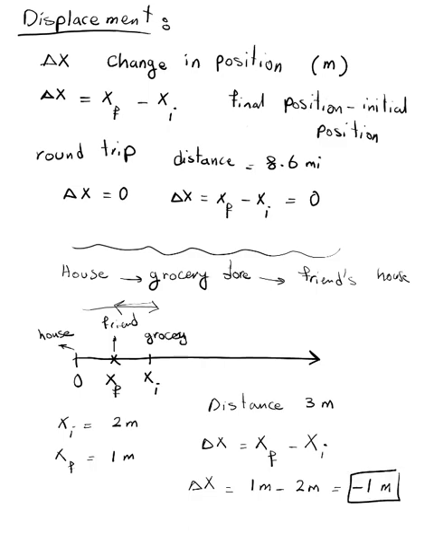So you can see that the displacement can be negative while distance is always positive. With all this explanation, I want you to go ahead and read example 2.1 on page 21 of your textbook.